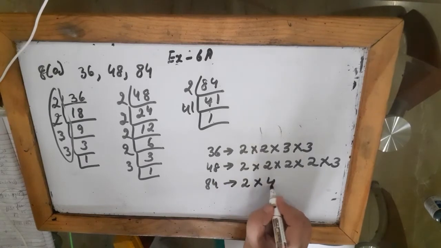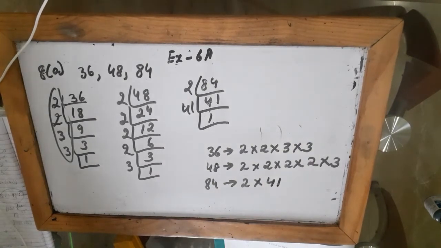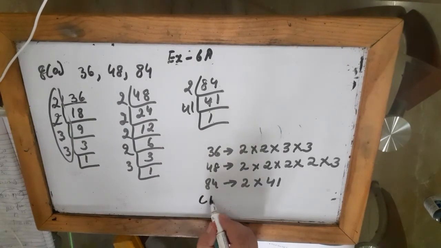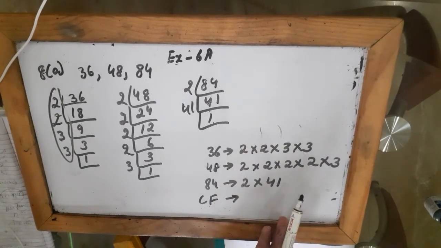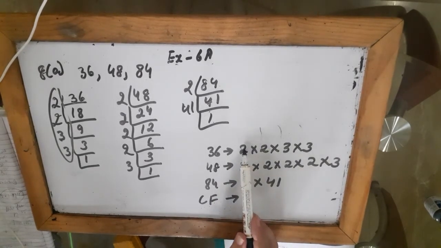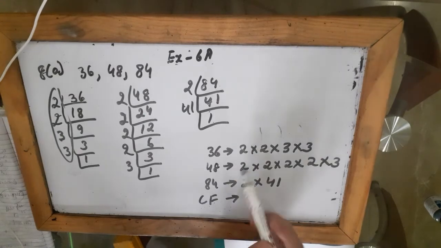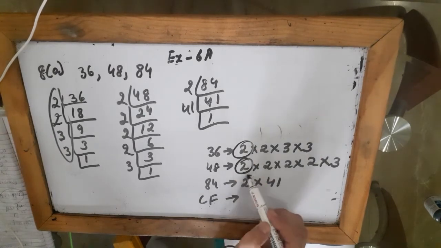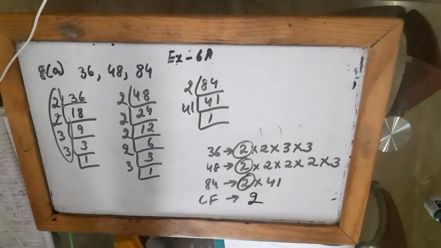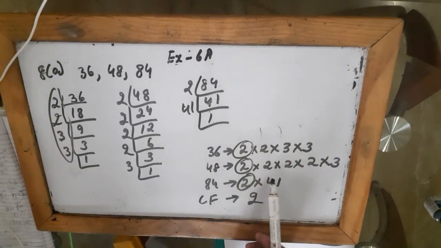2 into 41. So now because we have three numbers, we will look for the common factors in all the three numbers. This 2 is common in all the three numbers, so I will take the common factor 2. Now 2 here I have, but here I don't have, so I cannot take this 2 as a common factor.